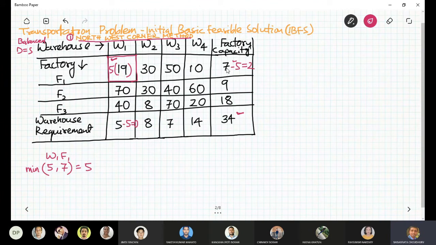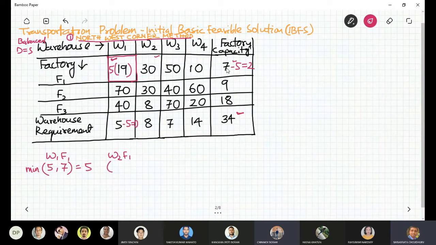I'll move to this one because this row has not yet been completed. Just like this point was W1 F1, over here this point is W2 F1.